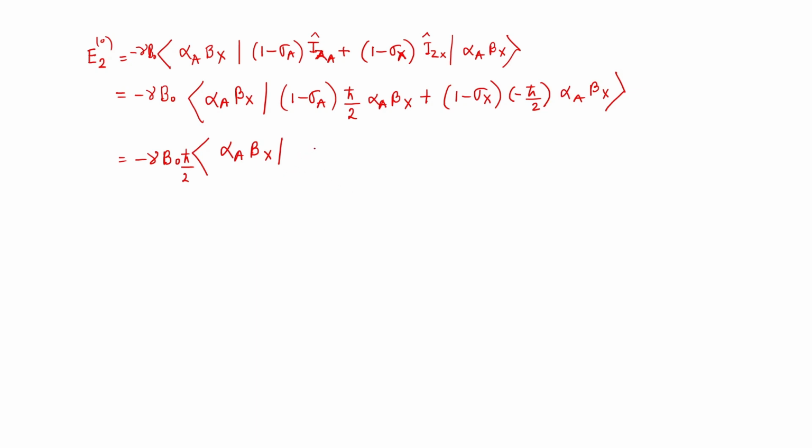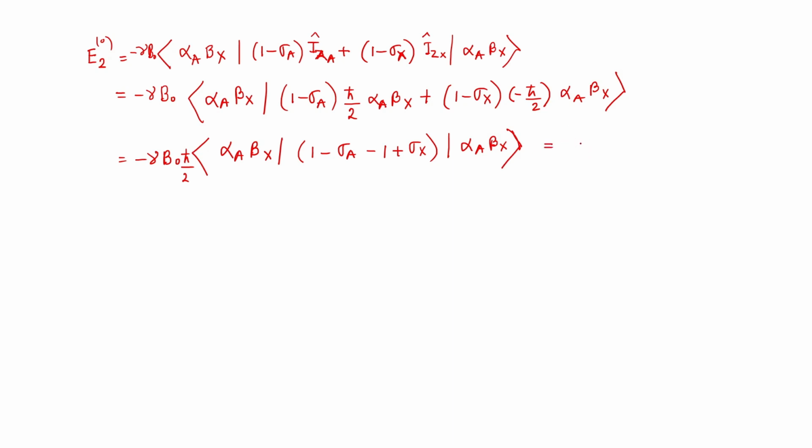Now h cross by 2 I have taken out, and there remains 1 minus sigma A minus 1 plus sigma x actually, because there is a minus sign, right? Then alpha A beta x, I'll close the bracket.